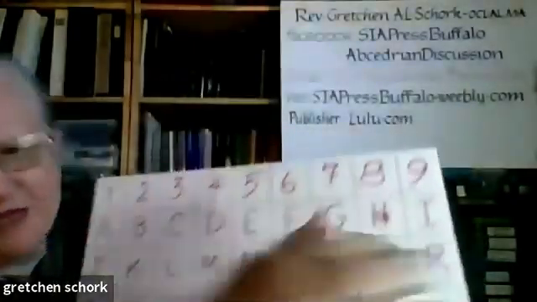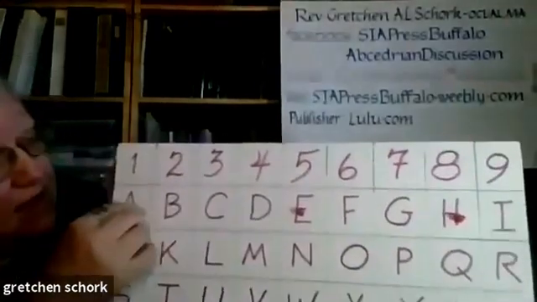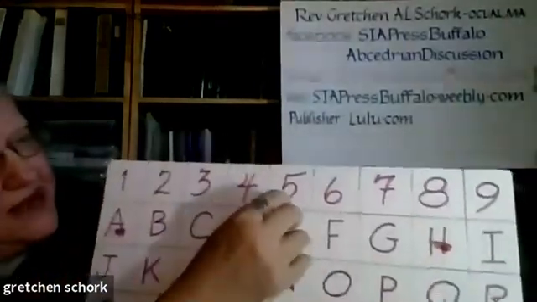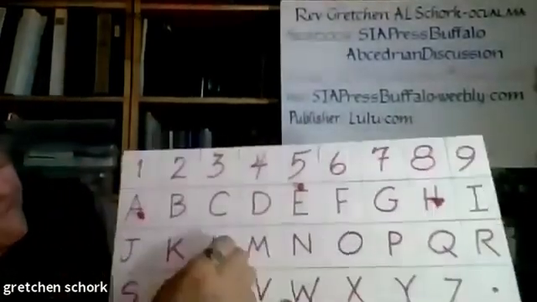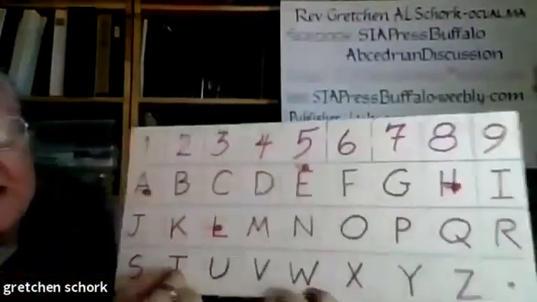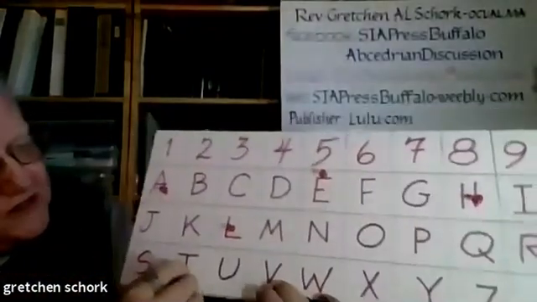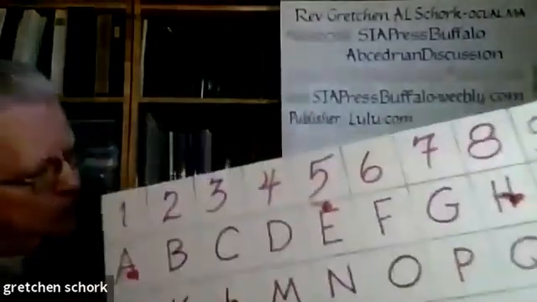So here we have H, E, A. We still have that straight line problem. A, L, T. Notice that the T has completely changed where it's located. It's no longer over here. It's on this side.